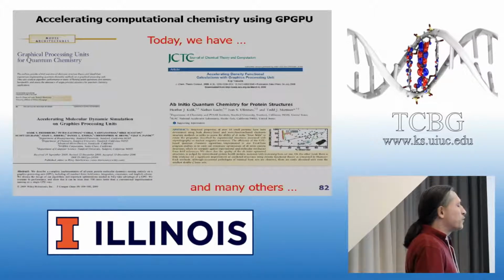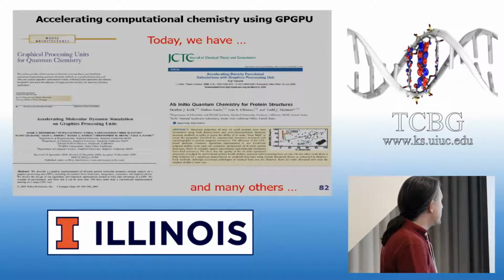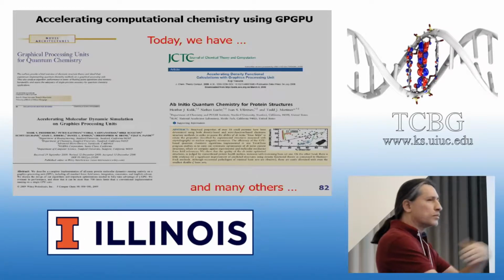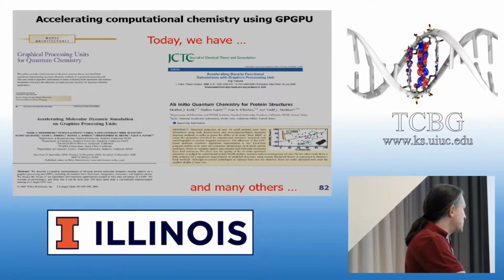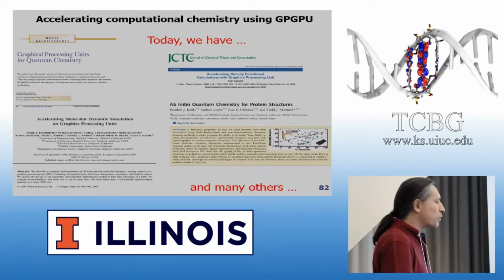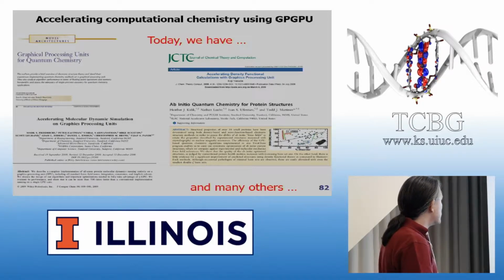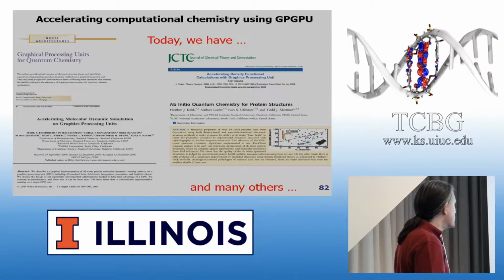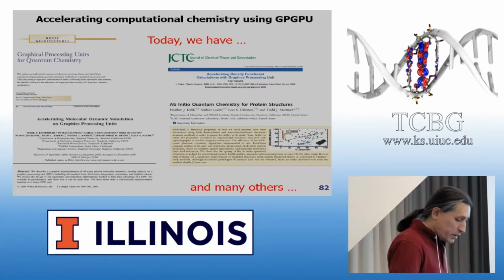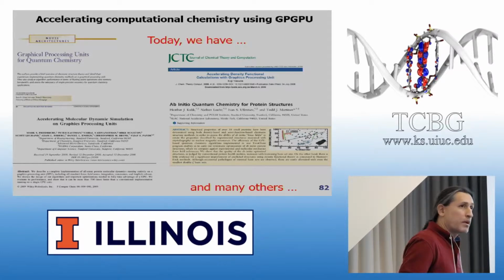And today we have GPUs. About 2007, GPUs were presented to scientists, and theoretical chemists use them to accelerate some specific parts of the algorithms, especially for ab initio and molecular dynamics simulations, and we can try to accelerate semi-empirical methods.